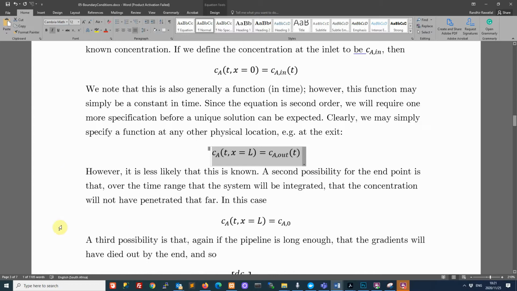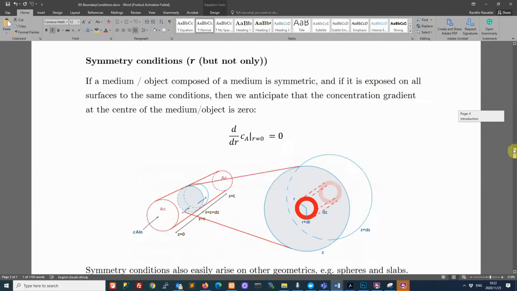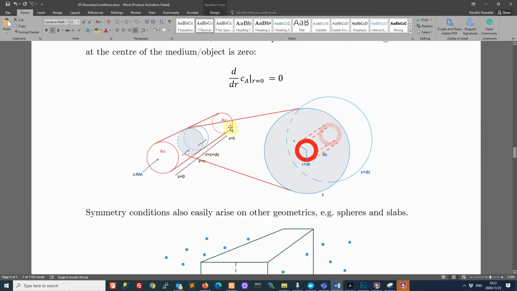So the second possibility is that we don't know the exit point, but if we think about it, if we consider the time range that we are interested in, and that's one of the specifics of the problem. You would ask, how is the concentration varying in the space over a certain time range? That's one possibility. We can say, I want to know how the concentration is changing across this tube after 1 hour.